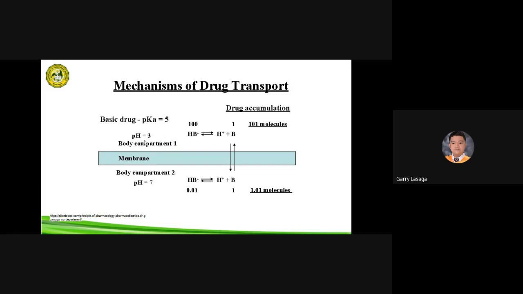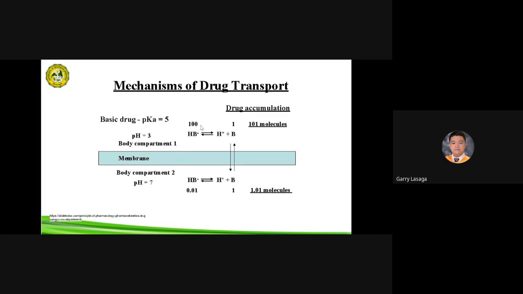So when we are going to place a basic drug in an acidic environment, what will happen is the ionized form of the drug will predominate relative to its unionized form. So in this example, the ionized form is equal to 100, and the unionized form is equal to 1. So 100, 1.